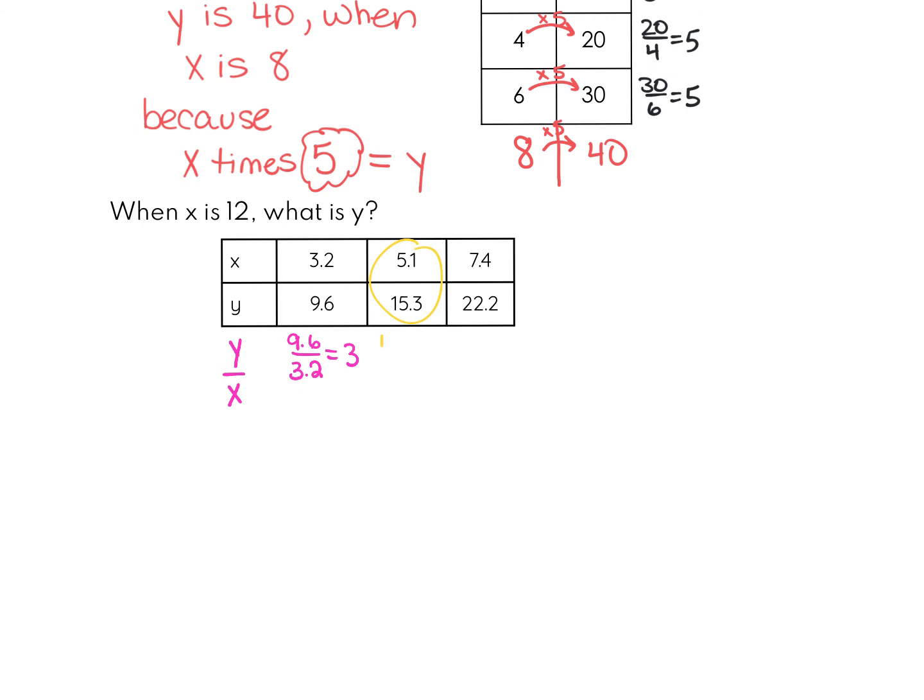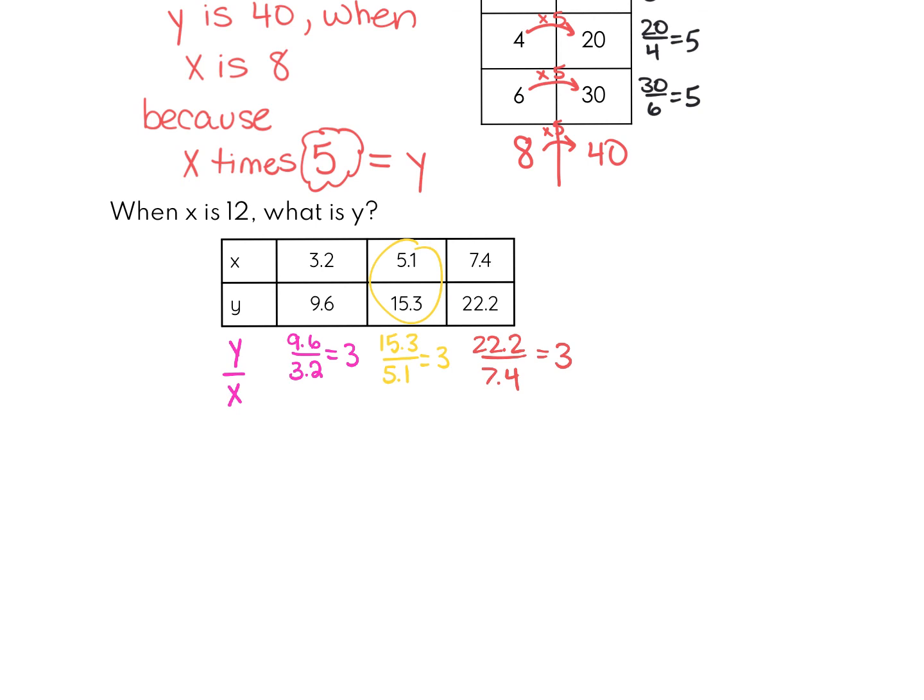Let's try this pair. 15.3 divided by 5.1 is going to give me 3. And last but not least, 22.2 divided by 7.4 is going to give me 3.